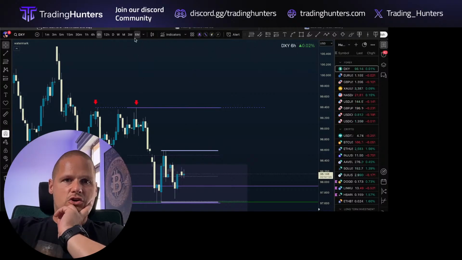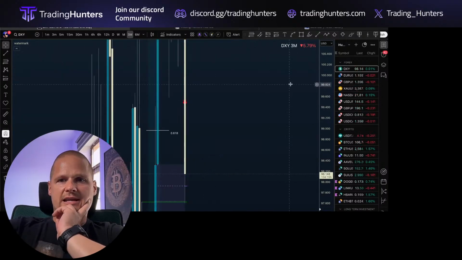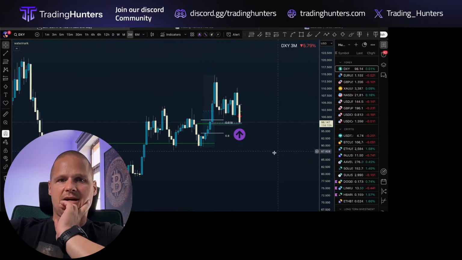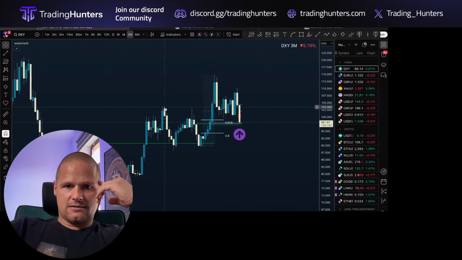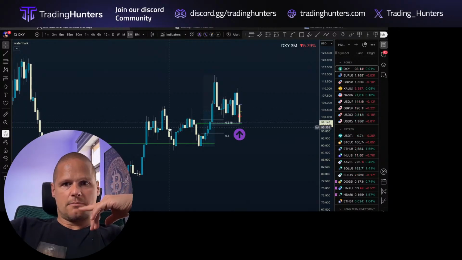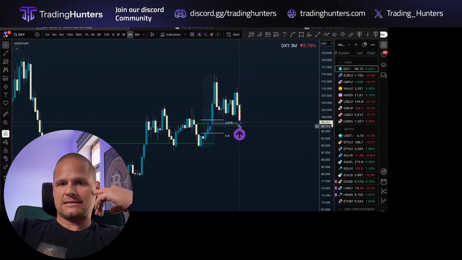Overall, if I look at the dollar index and these dollar pairs, we're quite getting this big down move, something like we had in here. Most likely we are getting to the point where we will see the reversal.